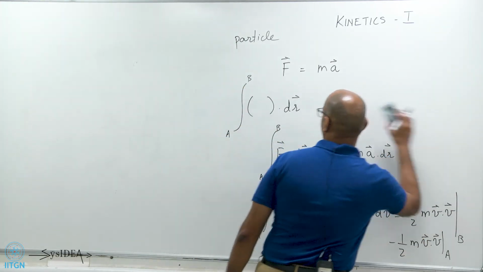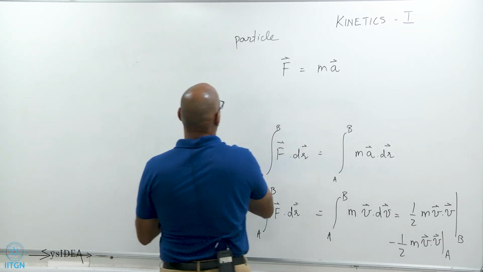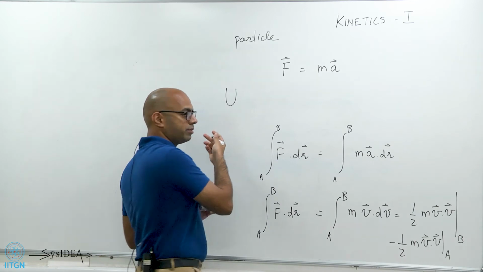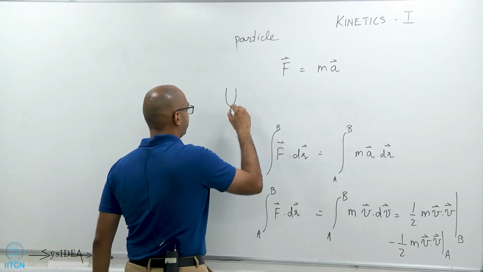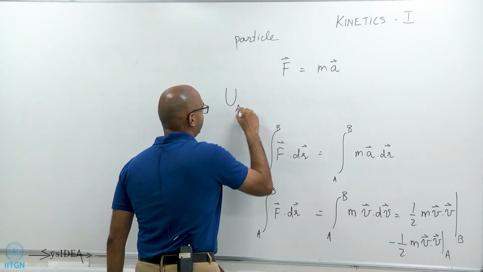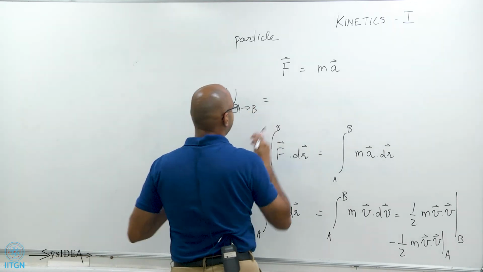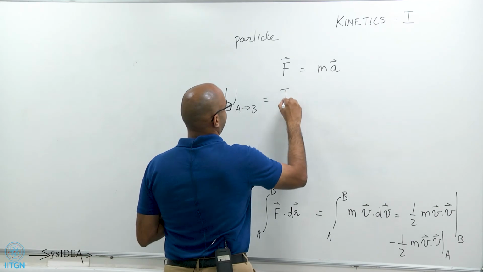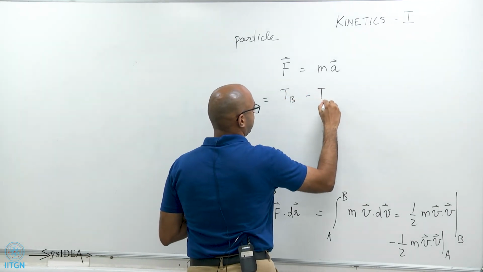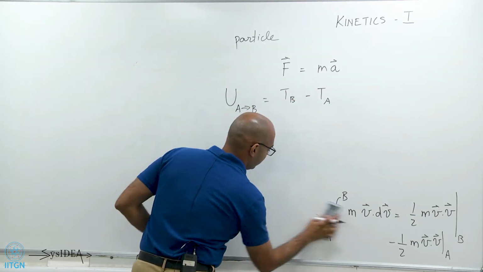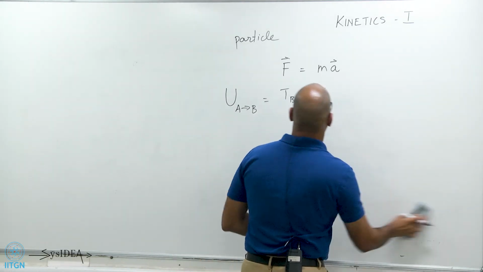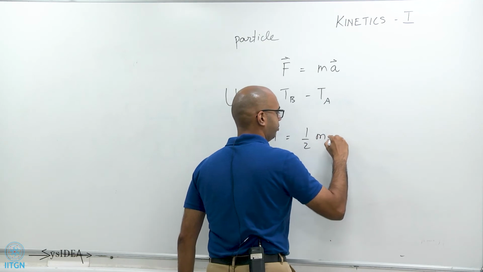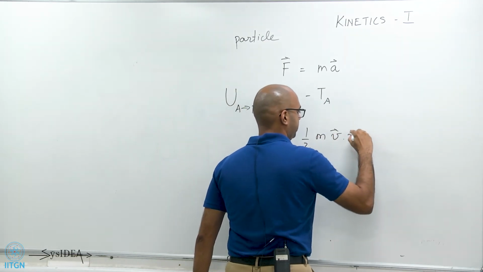Let me write this again. The total work done by external forces, let me call it U, because W we tend to use for weight, in going from A to B is equal to the kinetic energy in configuration B minus kinetic energy in configuration A, where T is half m v squared.